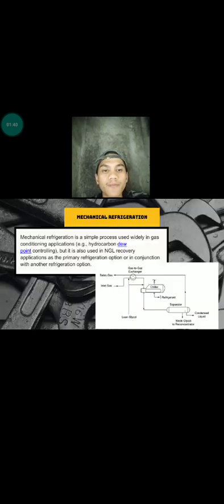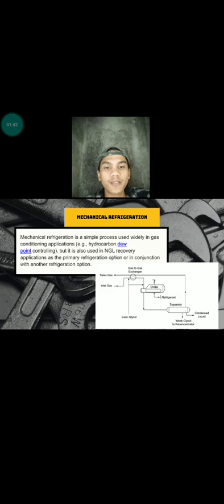The psychrometric chart included shows that refrigeration provides considerable cooling and is very well suited for hot humid climates. Mechanical refrigeration.